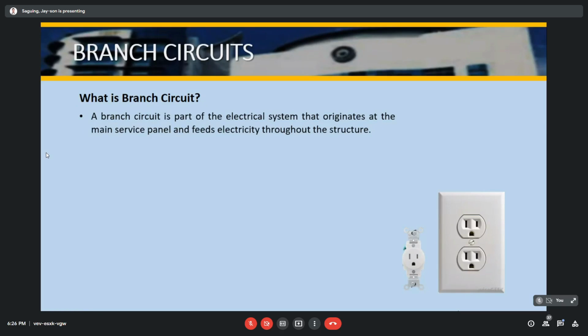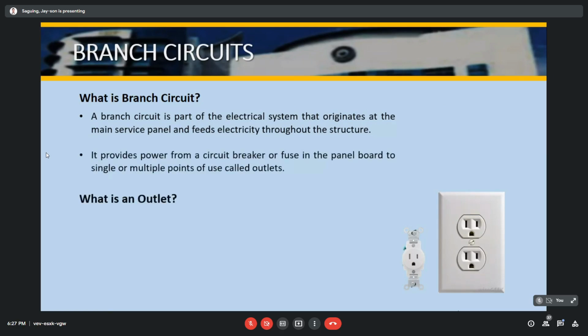A branch circuit is a portion of a building wiring system that extends beyond the final overcurrent protection device that is protecting a circuit. It provides power from a circuit breaker or fuse in the panel board to single or multiple points of use called outlets.